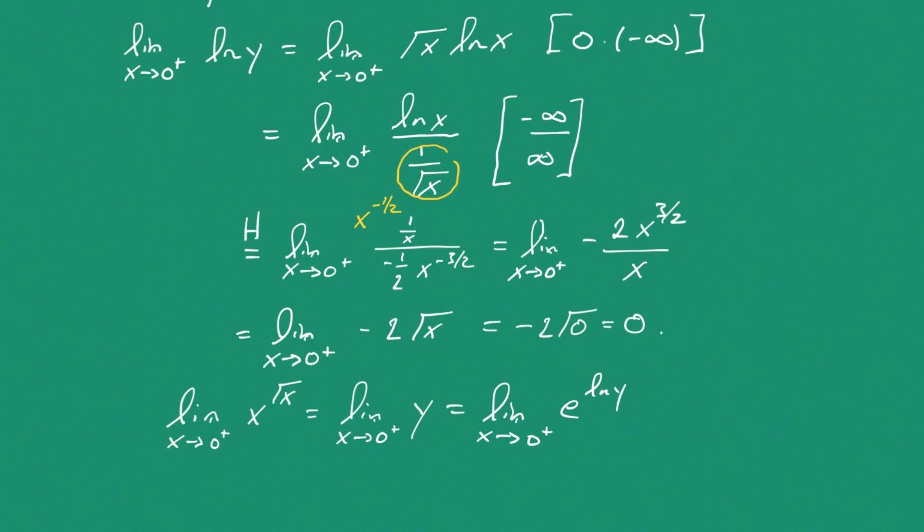Now, as we said, as x tends to 0 from the right, log y tends to 0. So e to the log y tends to e to the 0. And that's really by continuity of the exponential function. So this is e to the 0. And what was our limit then? Our limit turned out to be 1.